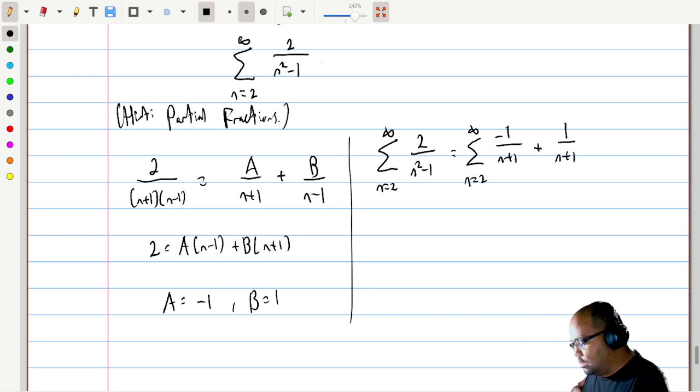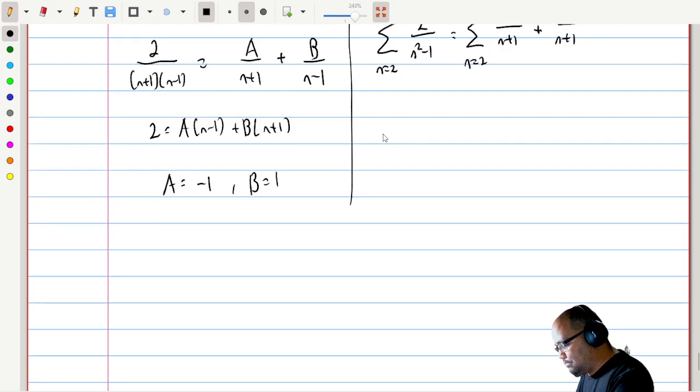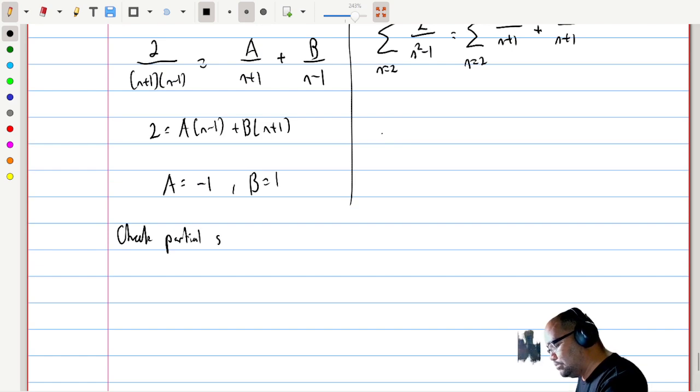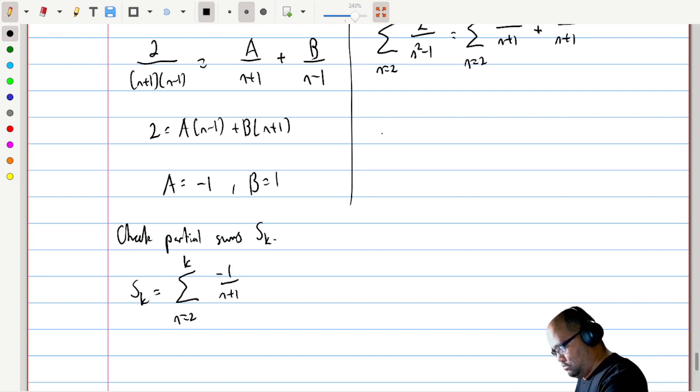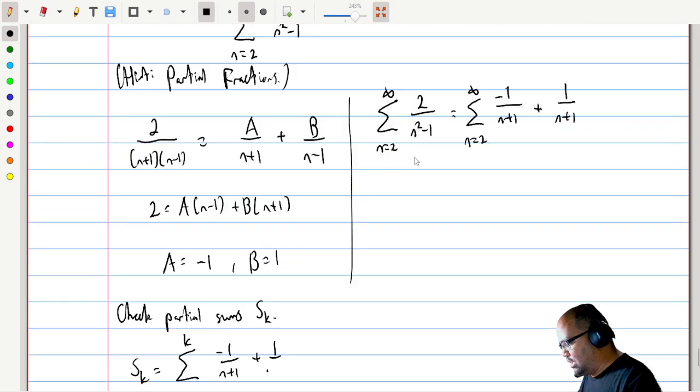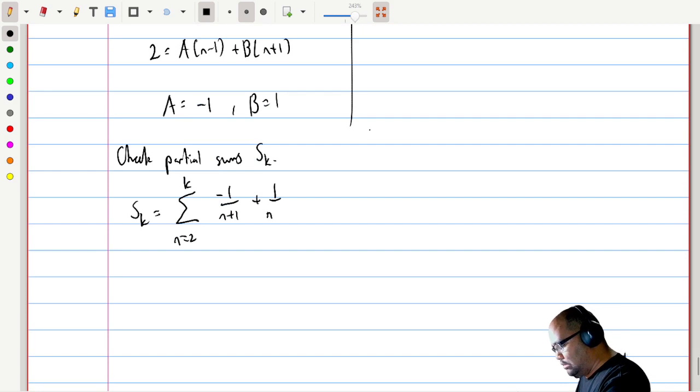So we're going to check the partial sums SK. So SK is the sum from n equals 2 to k of that thing. Oh, wait a minute, that should be a minus up there. And minus 1. So we're just going to expand and explore.